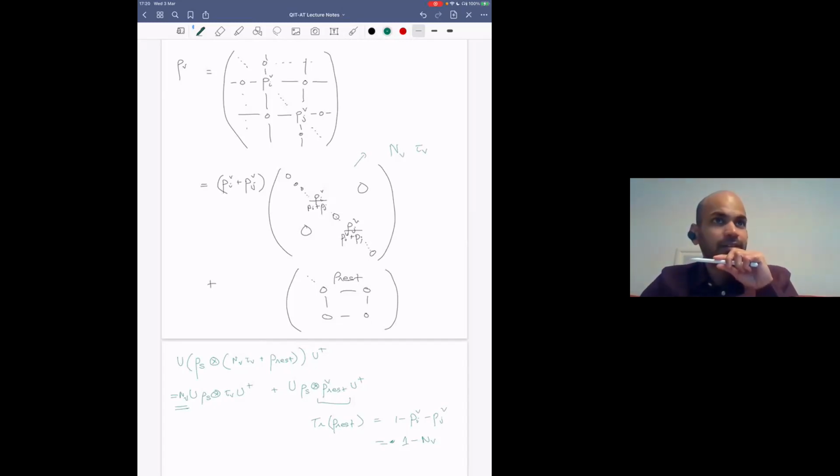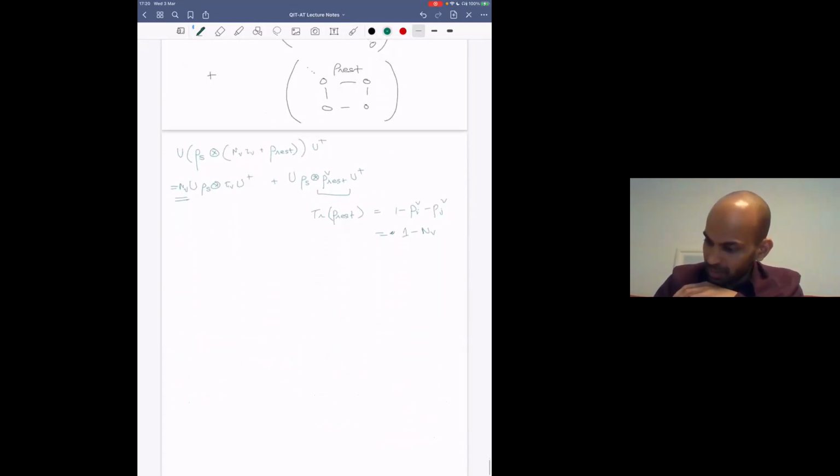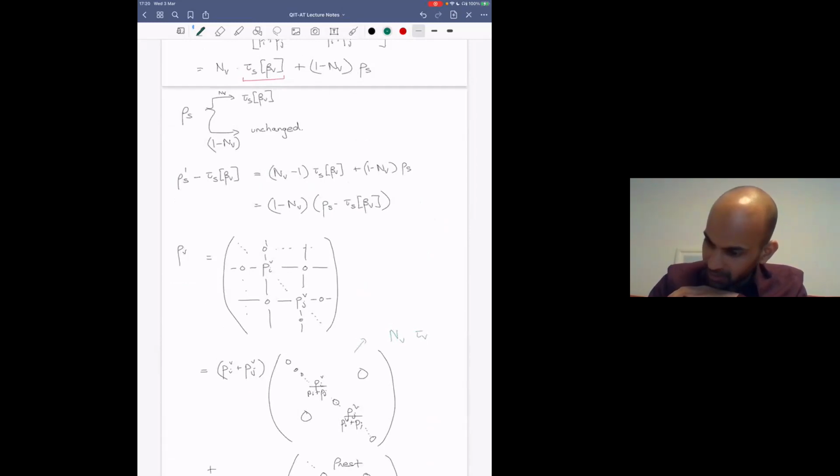Okay, right. So if there are no further questions, one of the things to mention is that because the state rho has this form, the same thing we can check, and this is a little exercise you should do, is to check that the final bias as well, ZS prime minus ZV, which is the bias of the virtual qubit, also has the same relationship, 1 minus NV times ZS minus ZV.